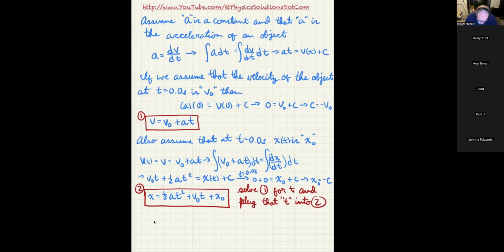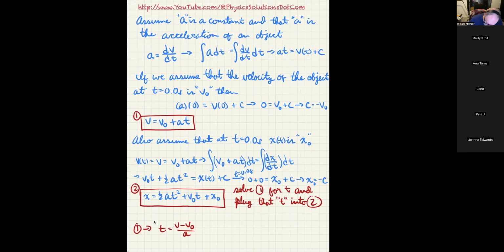Okay? So I'm going to do that. Equation 1 tells me that t should be v minus v0 over a. And now I'm going to plug that into equation 2. I've run out of room, so I'm going to do it on the next page.